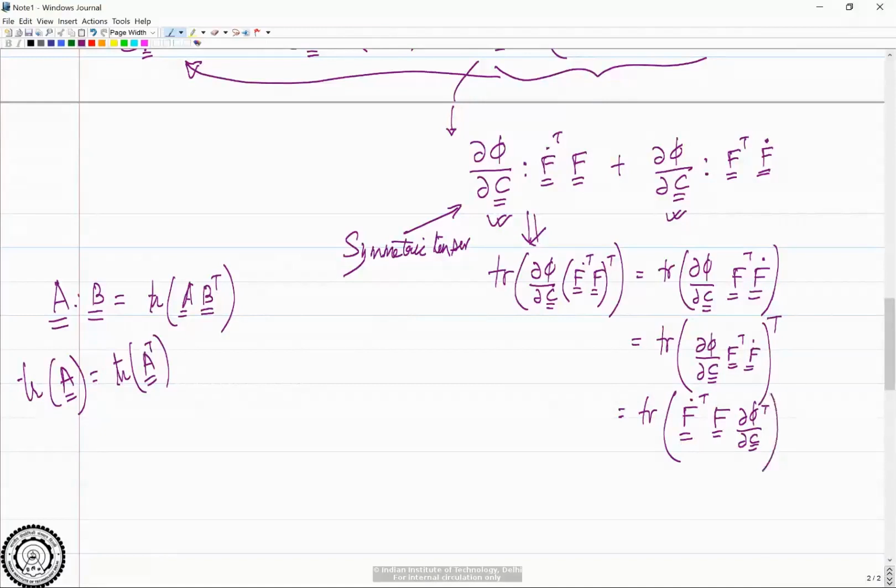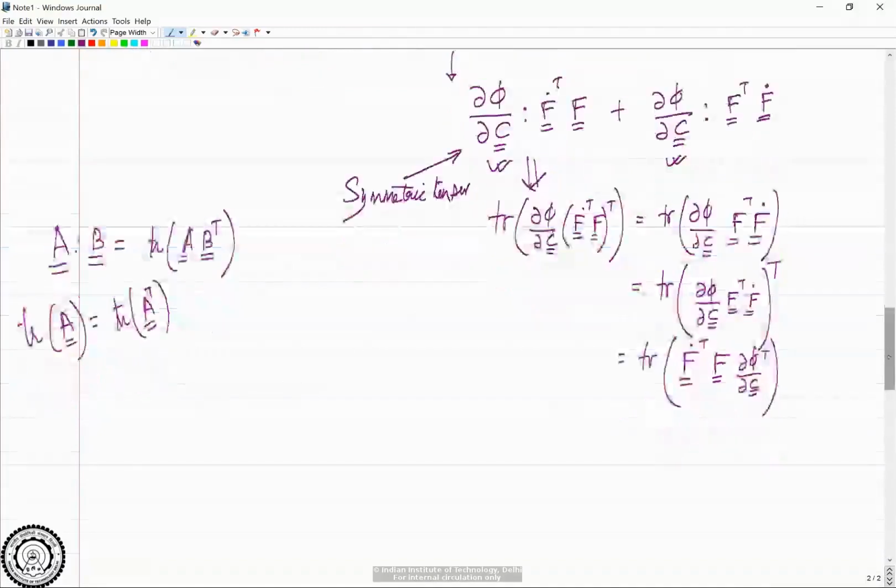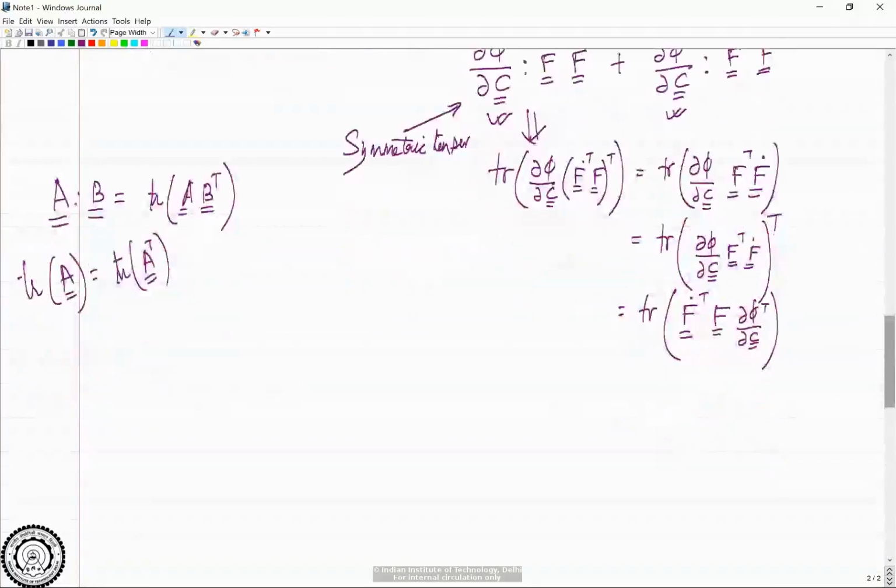The sequence has to simply reverse, and each of them has to be transposed. Now this is also the same as trace of F into del phi over del C transpose into F dot transpose.